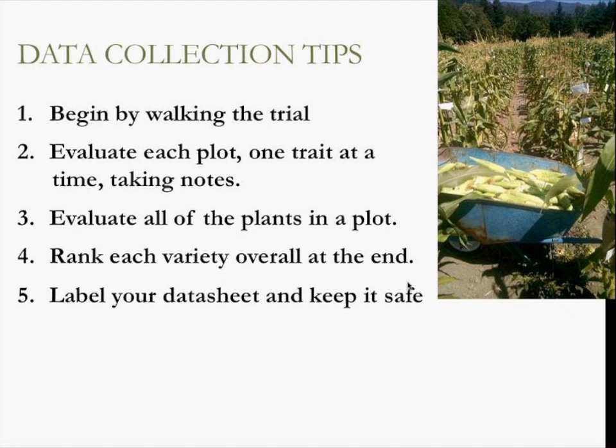You want to look at the whole plot. Don't just focus on a good plant or a bad plant, but really evaluate the plot as a whole. And whatever strategy you're using, it's often good, at the end, to summarize your impressions and rank each variety for all of the traits. The best variety overall and the worst variety overall can help you in interpreting some of the data as well.